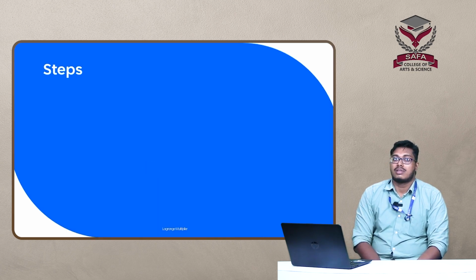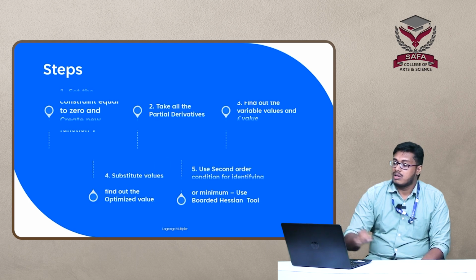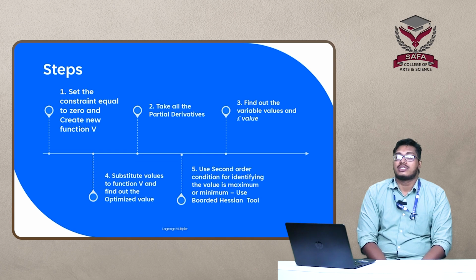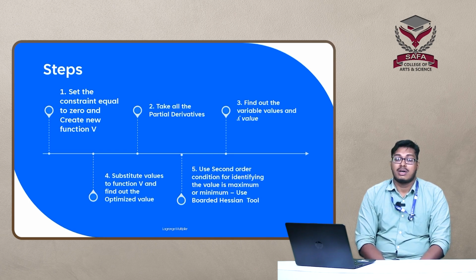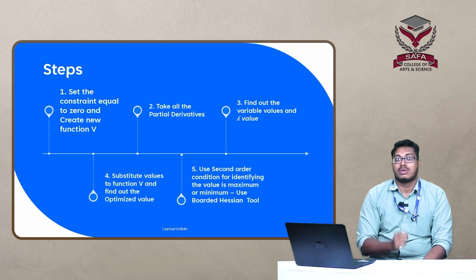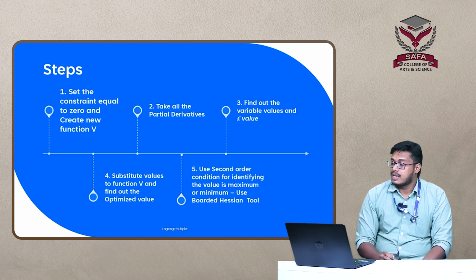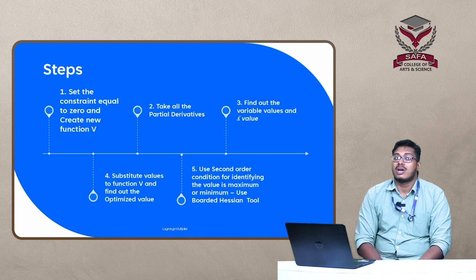The steps are majorly 5 steps included in this method. The first step is set the constraint equation equal to 0, then find a new functional form v. Then the second step is take all the partial derivatives.